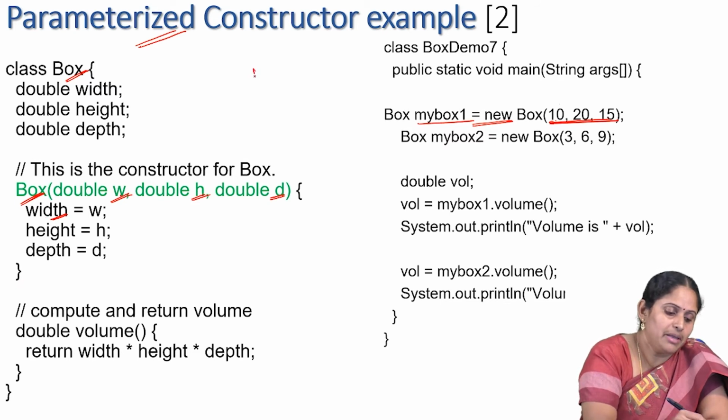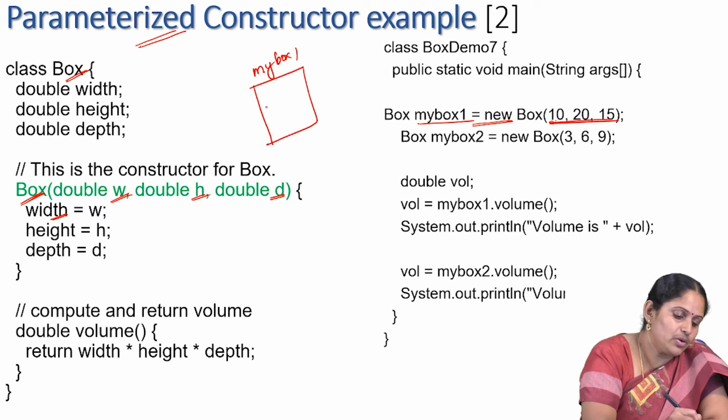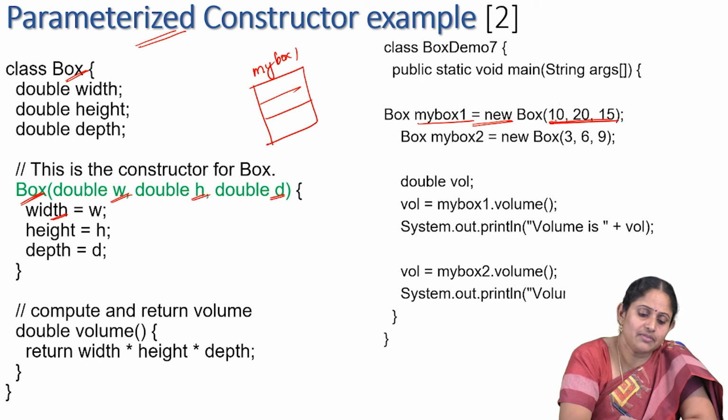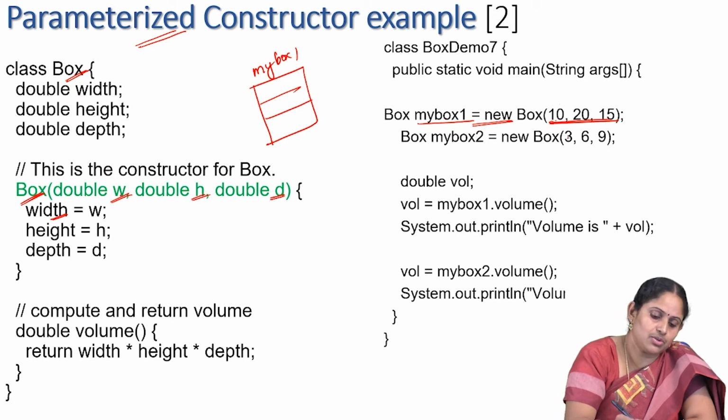So we have my box 1. My box 1 object is created. So when you create my box 1, these values are being passed to this constructor. So 10 will be taken into W, 20 will be taken into H, and 15 will be taken into D. And these W, H and D are stored into width, height and depth.